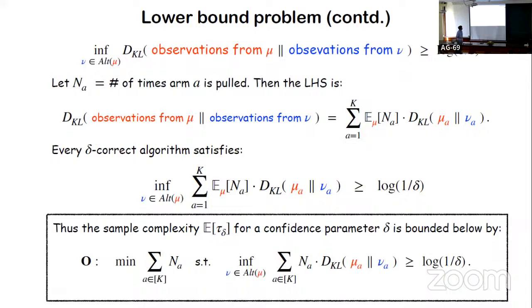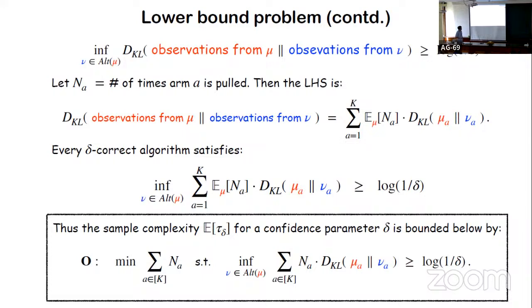And this gives us this inequality, which is to be satisfied by the allocations done by any delta correct algorithm, and this inequality gives us a lower bound problem.